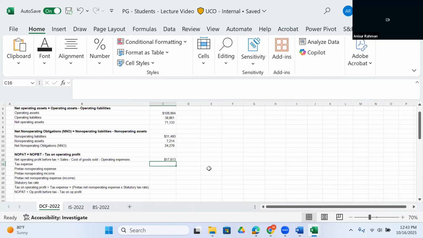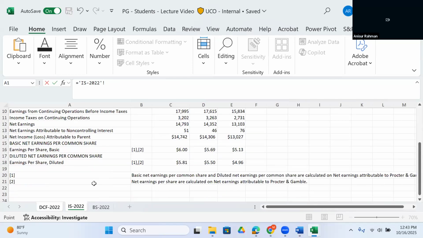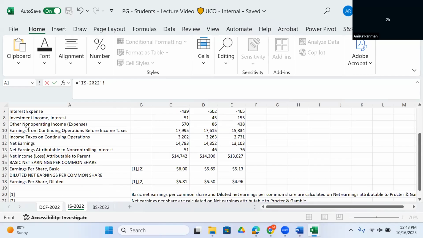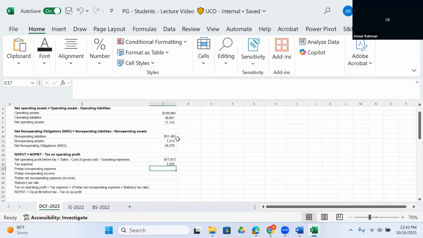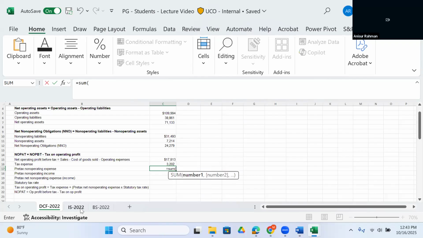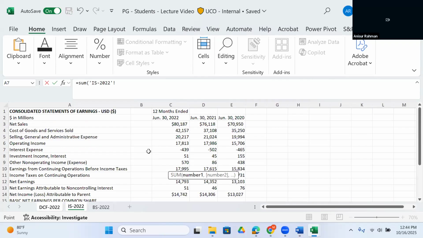Now tax expense is again from the income statement, which is income taxes. Okay. Now pre-tax non-operating expense. Enter sum, open parenthesis, go to income statement. Non-operating expense: interest expense, of course, is non-operating expense.